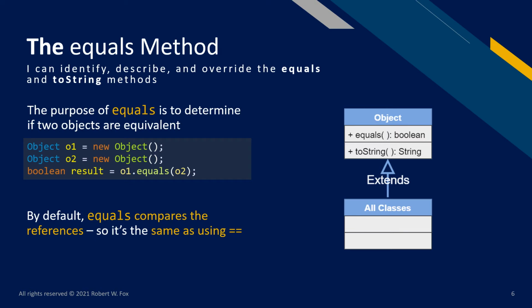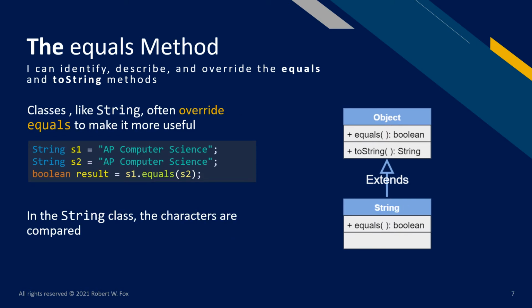So I'll go ahead and create two objects, o1 and o2, and you can see that I can compare them with the equals method. Now, the default behavior of the equals method is just comparing the object references. So by default, it works in exactly the same way as using the double equal signs. This isn't necessarily useful in most cases, which is why oftentimes a class will choose to override the equals method.